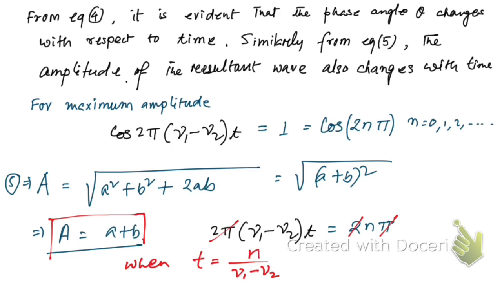Okay, now here you see, for the value of n equal to 0, 1, 2, 3 and so on, this value will be equal to 0, 1 by (nu 1 minus nu 2), then 2 by (nu 1 minus nu 2), and so on, right? That means at those instants we're going to get maximum amplitude.